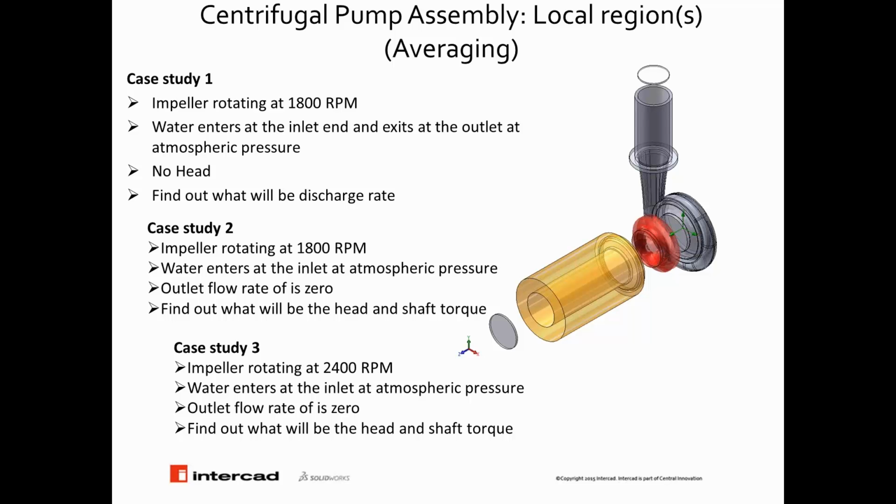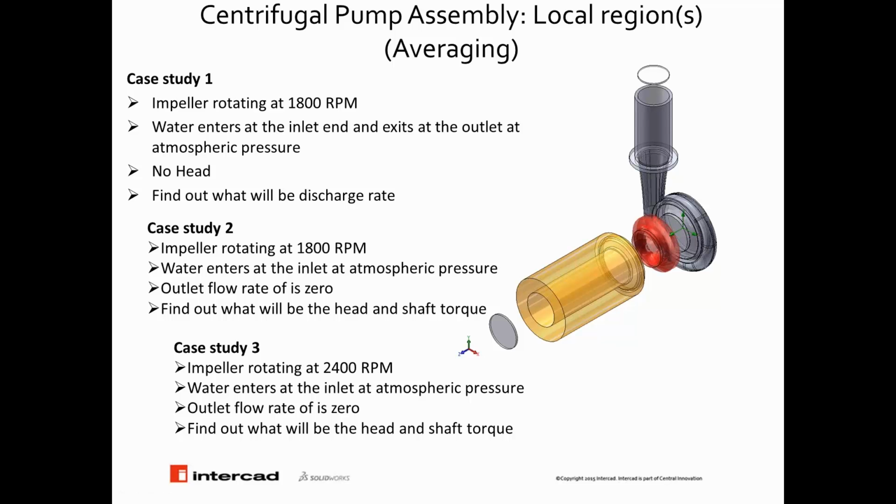The first case study we're talking about is the centrifugal pump assembly, with the local region averaging procedure. The case study considers a pump with impeller, casing, inlet and outlet pipes, and lids to enclose the region. In the first case, the impeller is rotating at 1800 RPM.